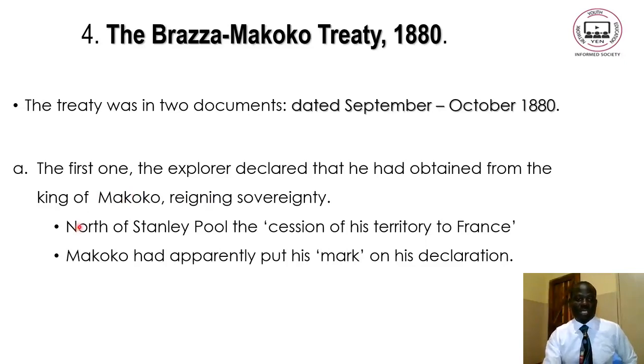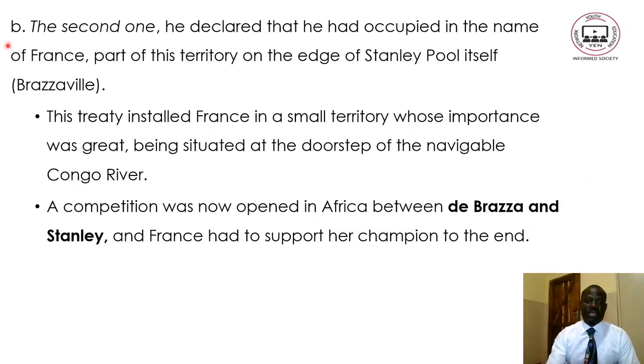North of Stanley Pool, the cession of his territory to France, and Makoko had apparently put his mark on his declaration. So it was a declaration showing that King Makoko had given the territory to the French. The second part of the document declared that he had occupied in the name of France part of this territory on the edge of Stanley Pool itself.